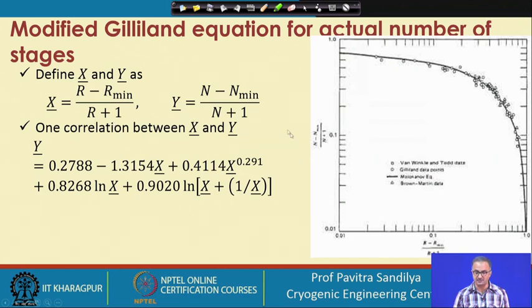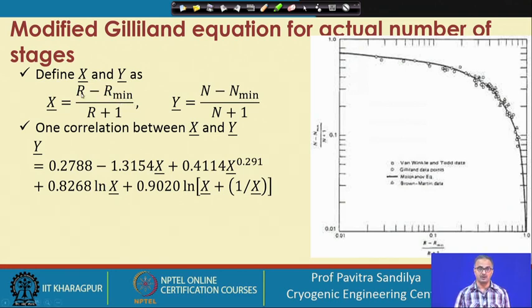On the y axis we have N minus N min by N plus 1. This R min has been obtained from the Underwood equation, the N min has been obtained from the Fenske equation, and the R value will also generally be specified as some multiple of the R min.